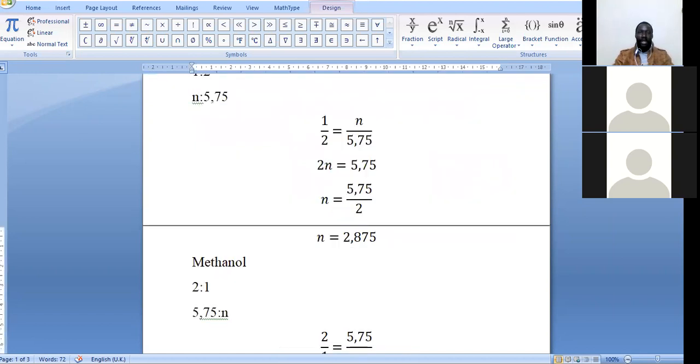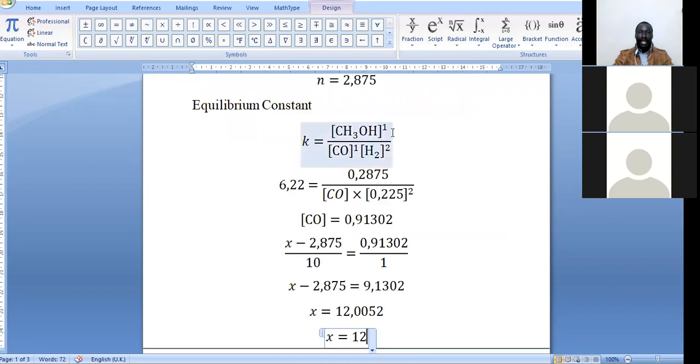We say the equilibrium constant K equals the concentration of the products right here divided by the concentration of the what? The reactants, with their moles being raised as the exponents. And so the equilibrium constant K was given. Now we substitute it here.